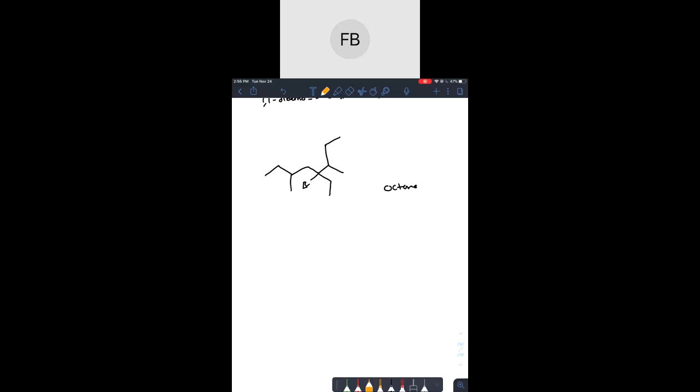Wait, sorry, just a second. What do you mean, 1, 2 methyl? So it would be 1, 2, and then on the third one would be a methyl. Oh, okay, yes. So there would be a 3 methyl. Yes, and then if you count on the other side, it would also be a 3 methyl.